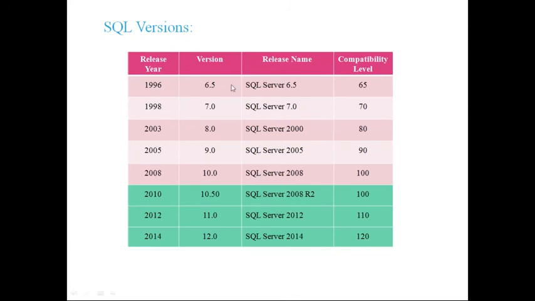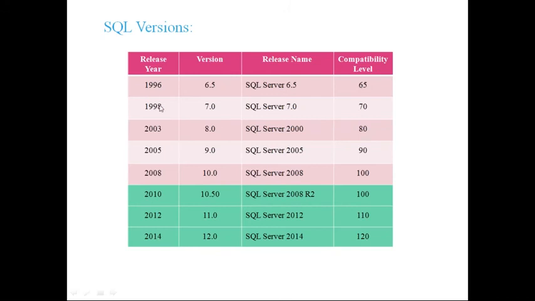So in 1996, the first version, SQL Server 6.5, was released, and the compatibility level is 65. So it's pretty easy. If you remember that it's SQL Server 6.5, then the compatibility level is 65.